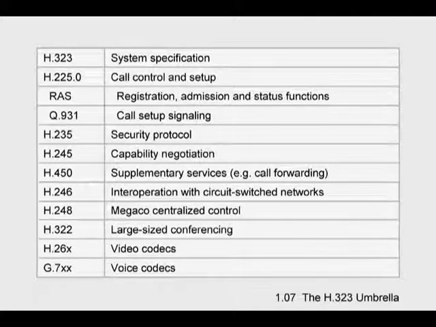Interestingly, the ITU calls things like call forwarding and voicemail supplementary services, and they tried defining standards for that. But as far as we're concerned, the most important ones here are the H.323 system, the H.225 call setup, and the H.245 capability negotiation, plus the codecs and some other things that have to be added in to make all of this work.